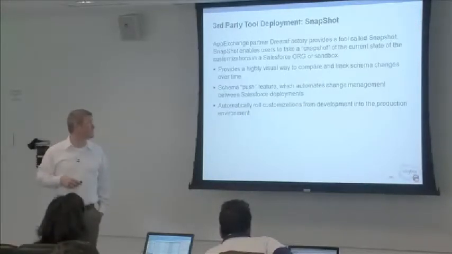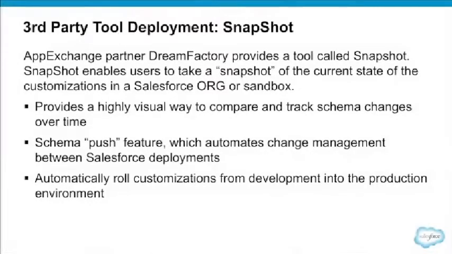And then Dream Factory Snapshot is a third-party tool. It is not free. A lot of customers like it though, because it gives you a nice comparison view. It also allows you to save off a metadata archive as a snapshot, if you will.